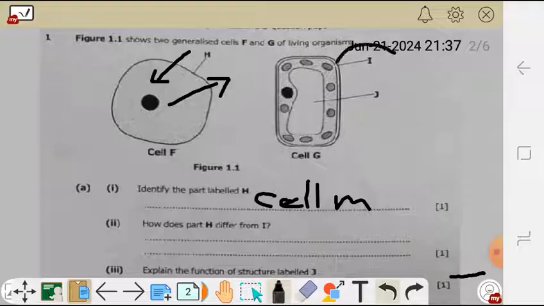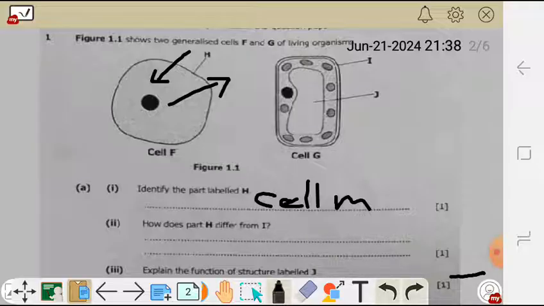But looking at the part labeled I, it is not selective. It allows whatever comes to get inside the cell, and it also allows whatever comes out of the cell. So we can differentiate in terms of the function, or in terms of the content, the structure, the composition. In terms of function, H is selectively permeable and I is non-selectively permeable.